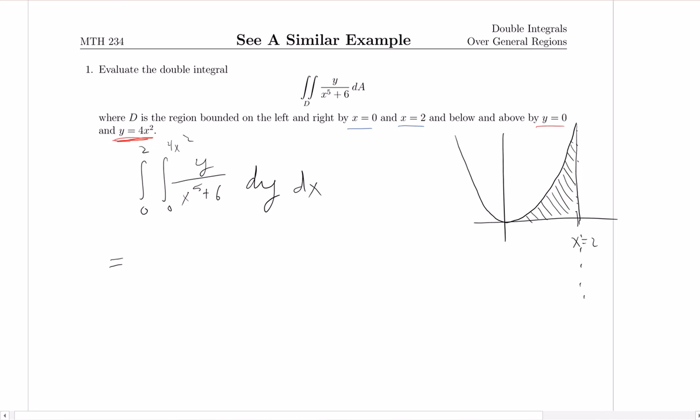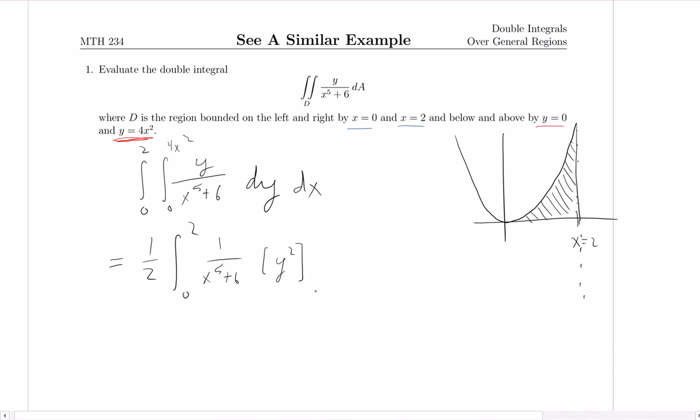So let's go ahead. If we integrate y first, the 1 over x to the 5th plus 6 is just a constant. Right? We're pretending x is a constant here. So it's just like we're integrating the function y. So we just get 1/2 y squared. So again, this is just a constant that comes out when we integrate.